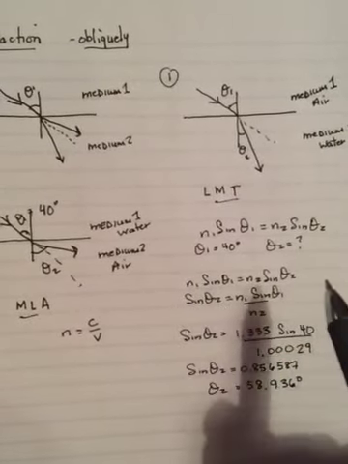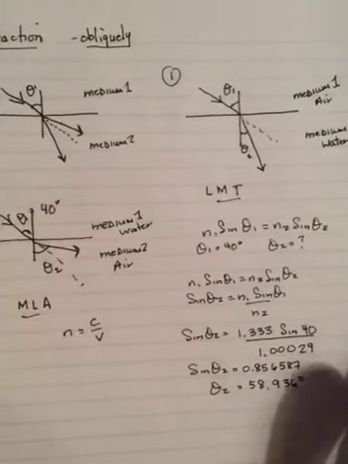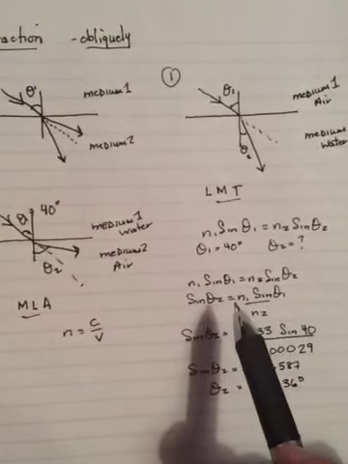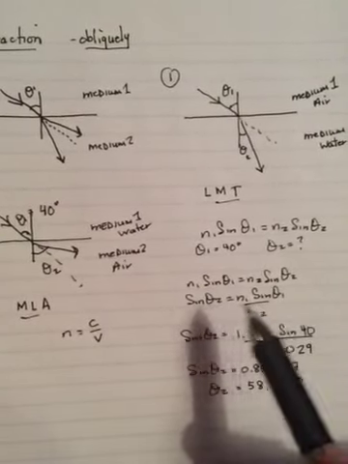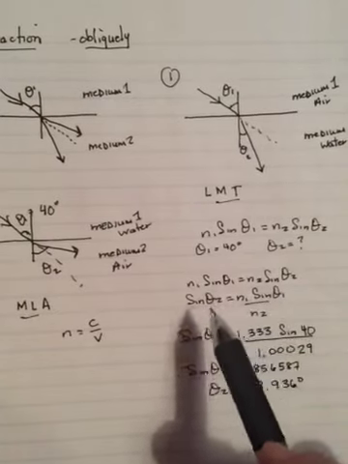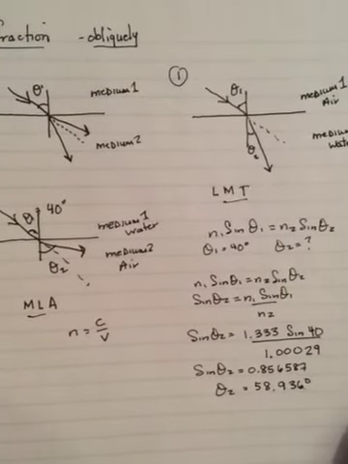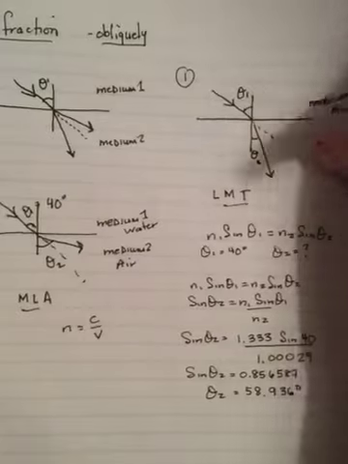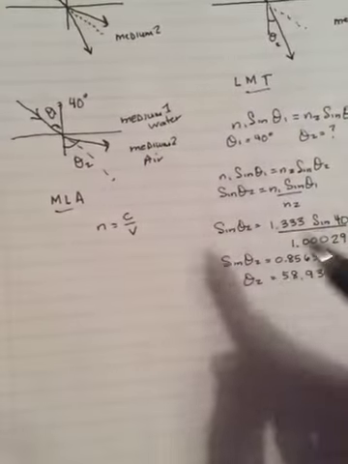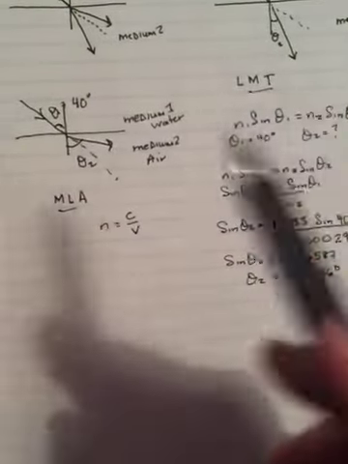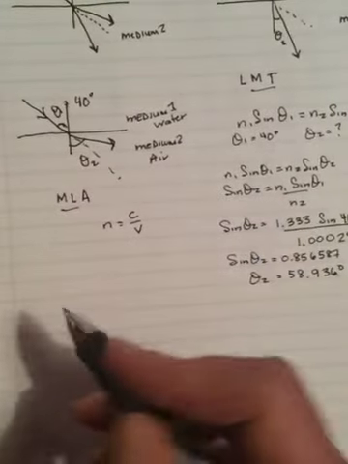I could also give you theta 1 and theta 2, and I could ask you to solve for one of the n's. Sometimes I'll give you theta 1 and theta 2 and ask you to solve for one of the n's, and then I'll say, what must this material be? And then you take that in, and you go to the chart, and you look up which one's closest to it.